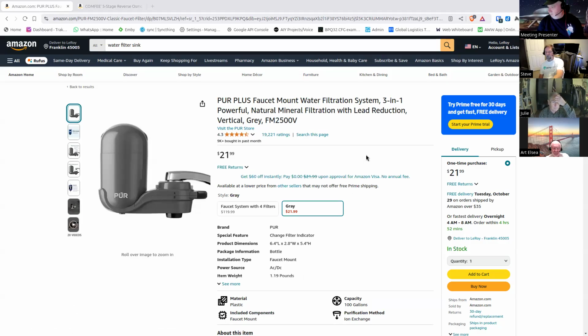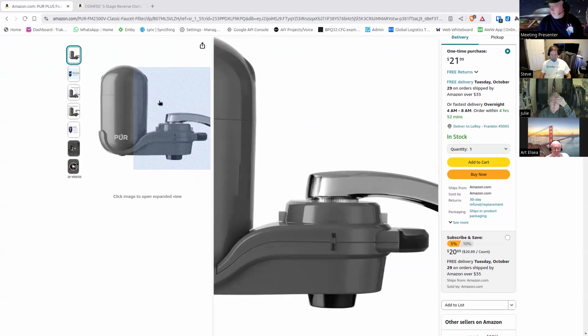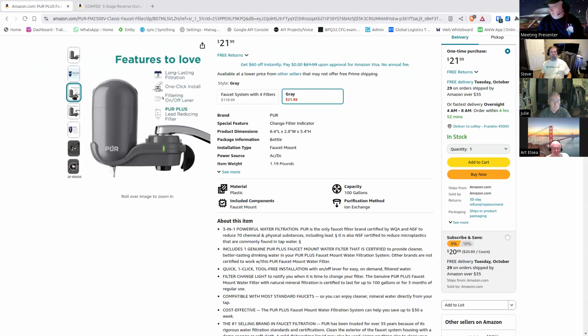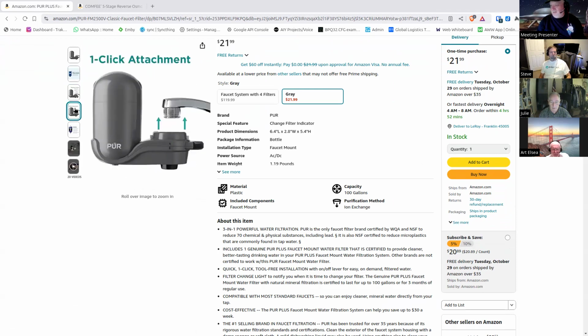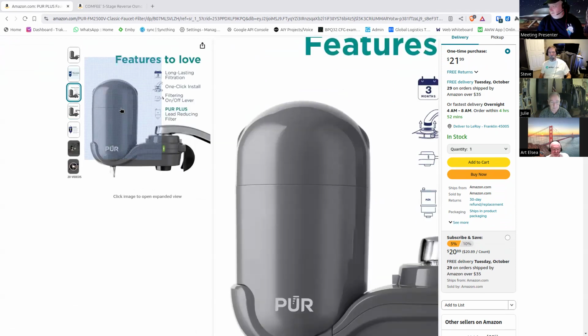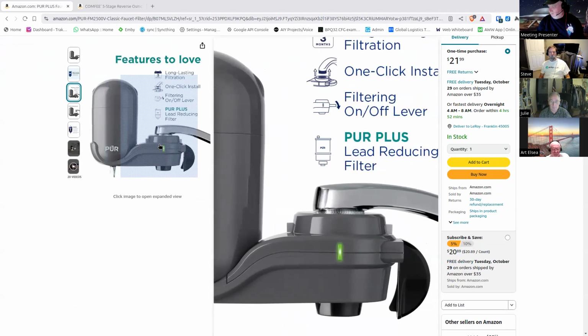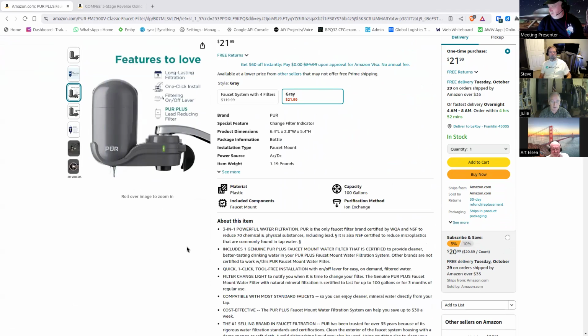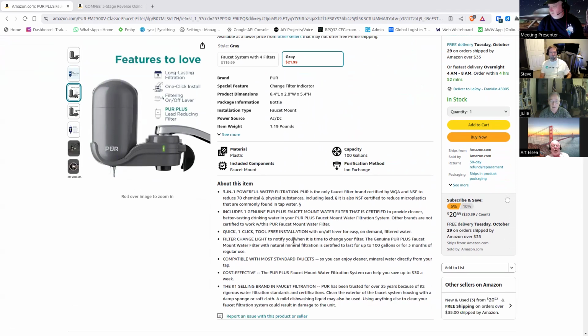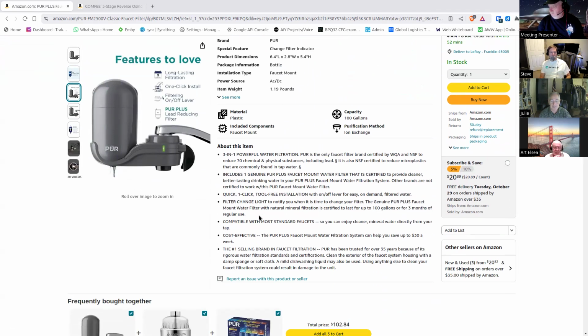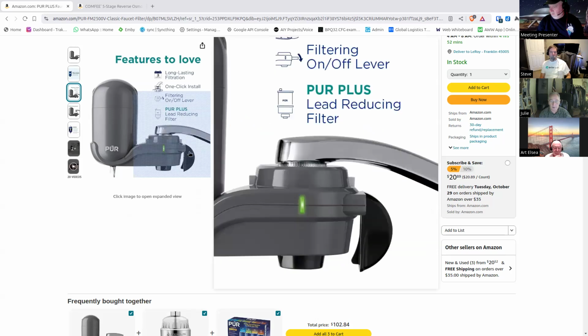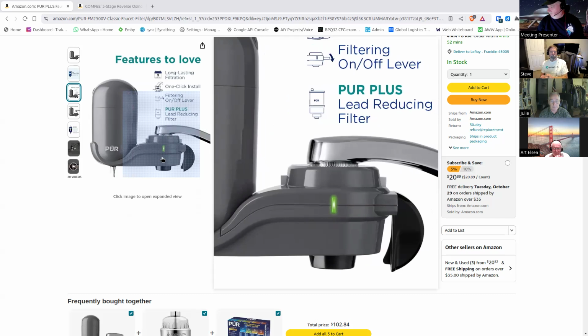Oh yeah, those are nice, but it's not quite the same thing. My guess is that's pretty low capacity, isn't it? Capacity 100 gallons, so that would be the total before you had to change the filter. It says it's an ion exchange, so you're basically just getting softened water.